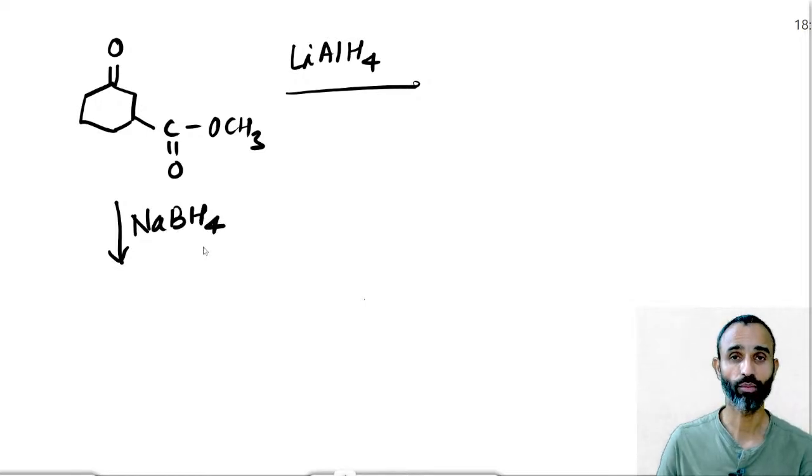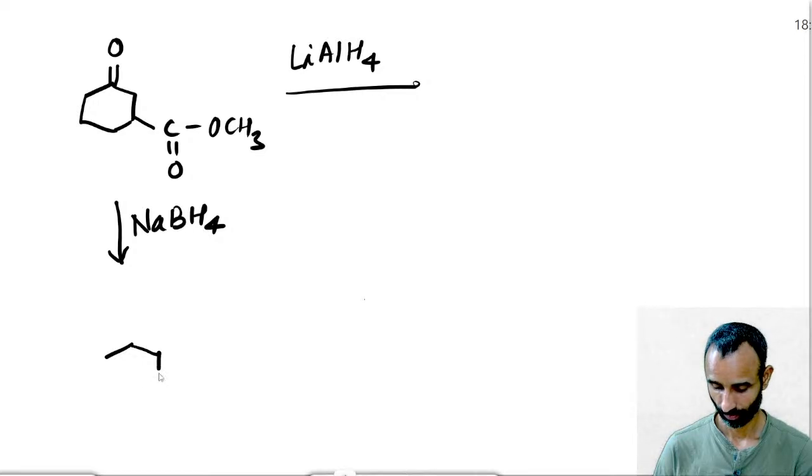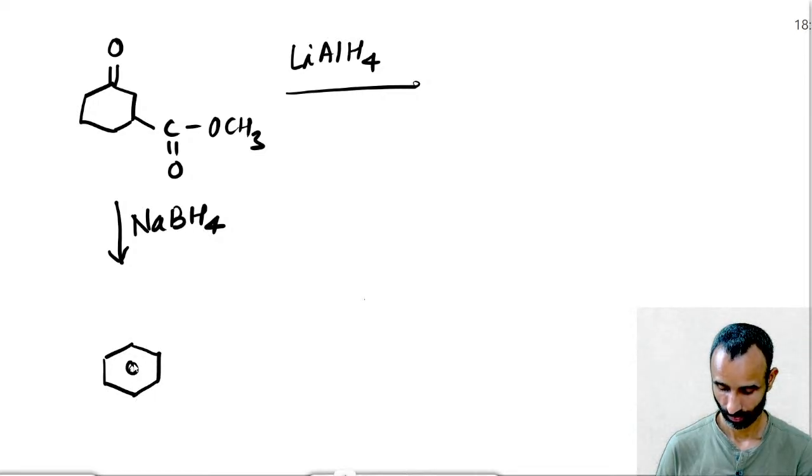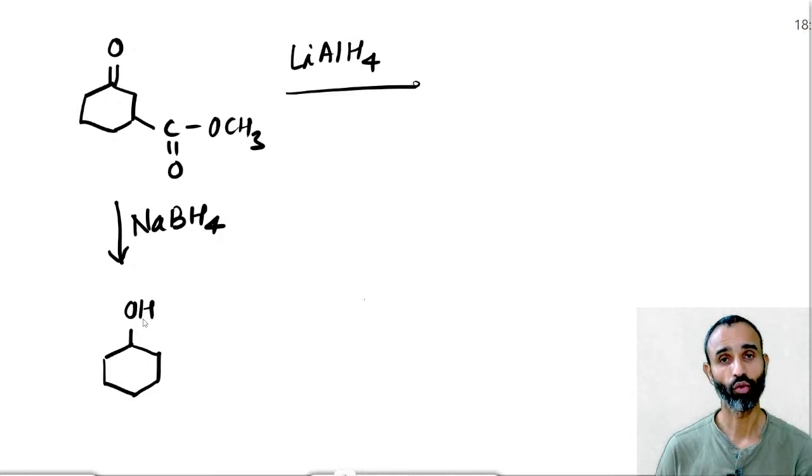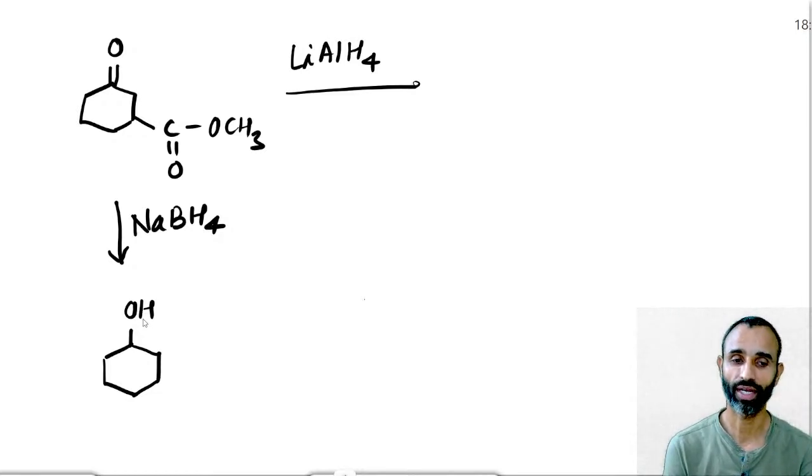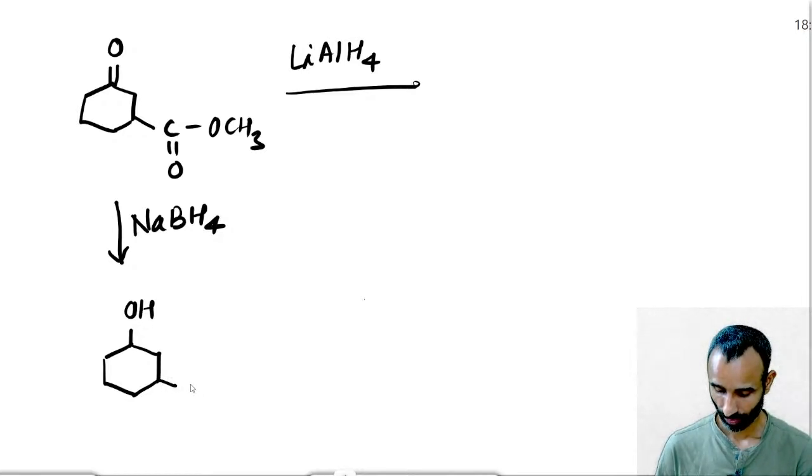So what are the products formed? From NaBH4 we will get the O turning to OH. Double bond O will give OH because it's a ketone, so it gives secondary alcohol. And what about this? It will stay, it remains the same.